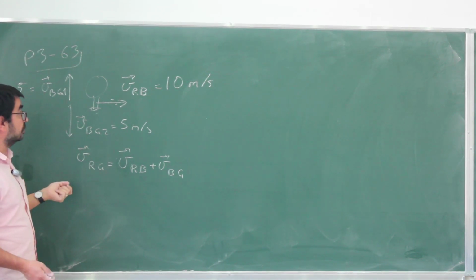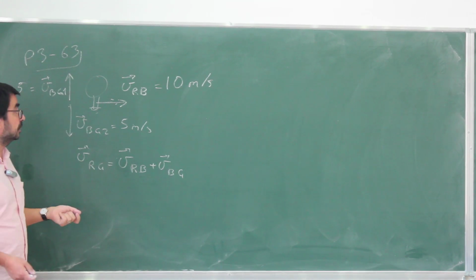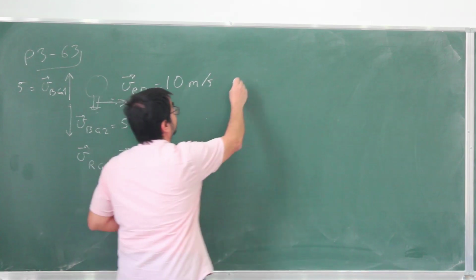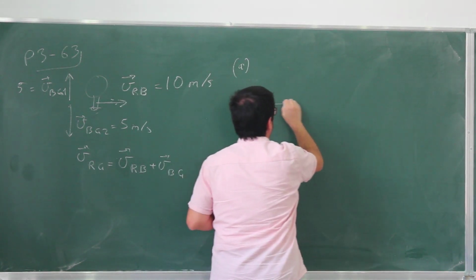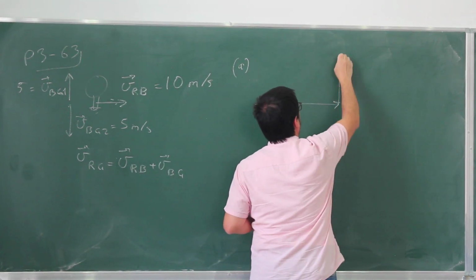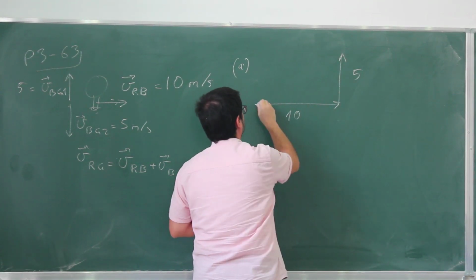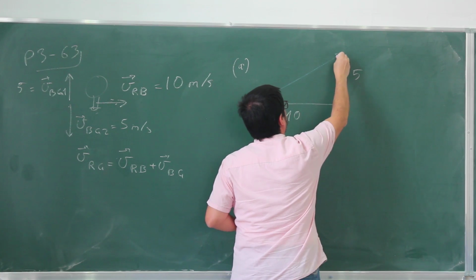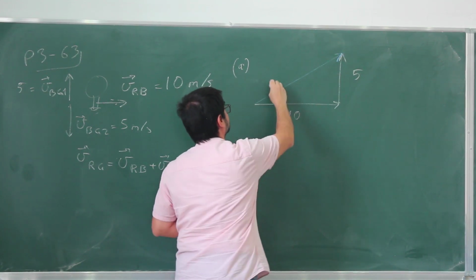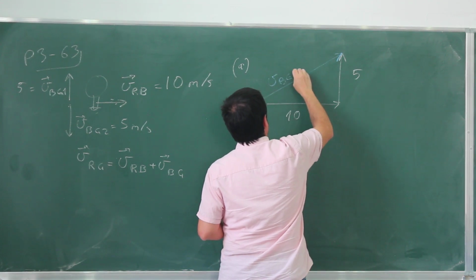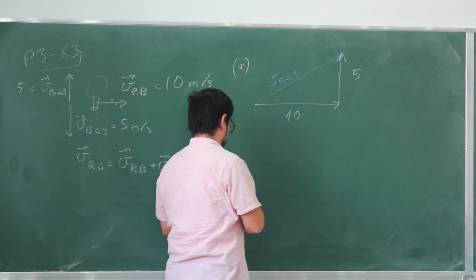Now, what will this look like? This is an application of vector addition. In the first case, for part A, we have two vectors. One is of size 10, one is of size 5. And when we add them up, we're going to get something like this. This is the velocity of the balloon with respect to ground, let's call this 1 again.